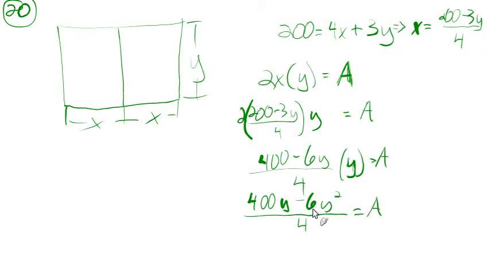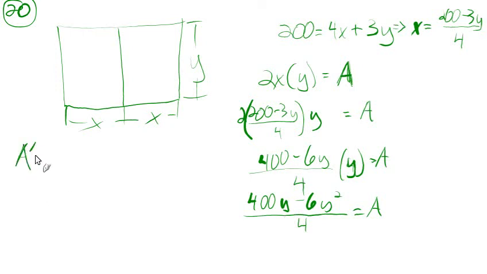So we can choose lots of different values for y, and those choices are going to affect how much area we get out of that particular corral that we could build for that choice of y.